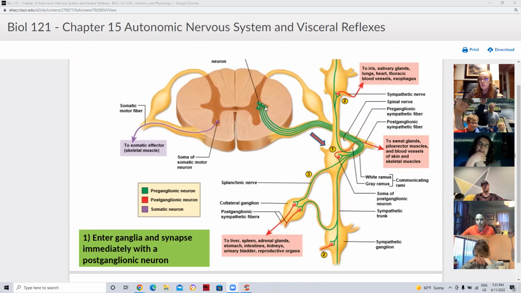Here are the cell bodies in the lateral horn. They exit via the anterior horn and immediately enter the paravertebral ganglion. When they are here, they can immediately synapse on a postganglionic neuron. That's one pathway.